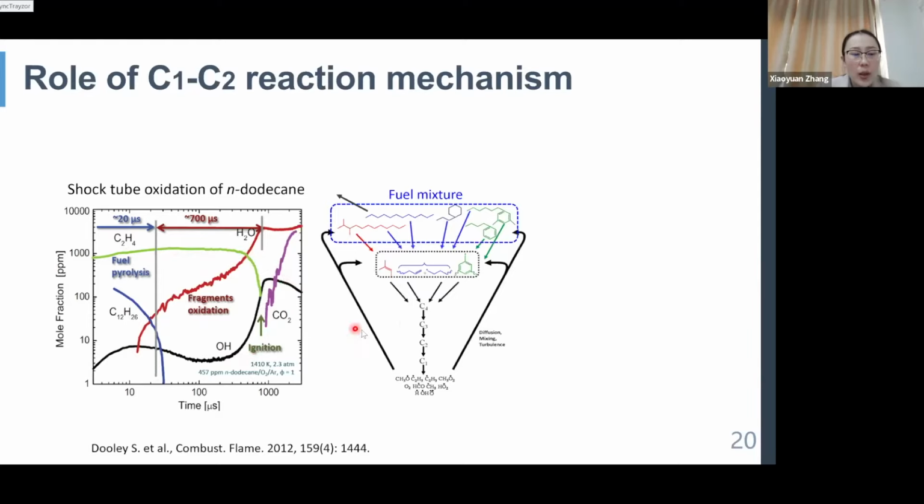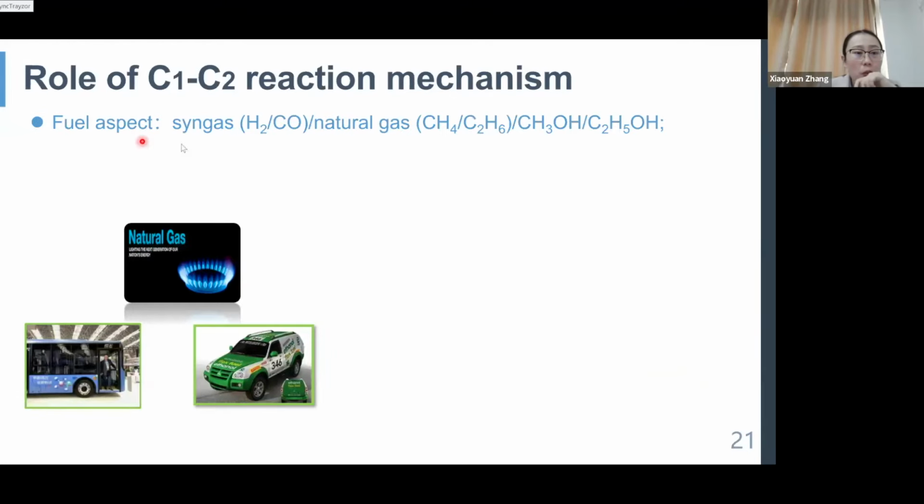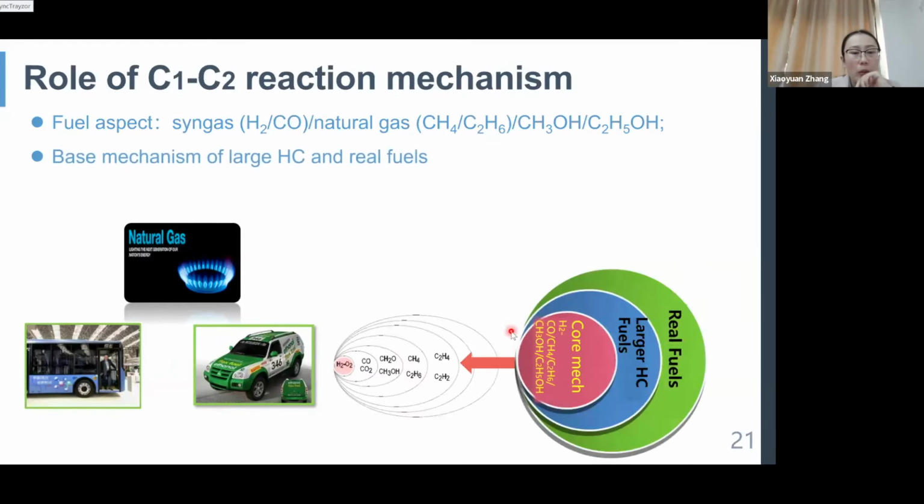So these small species play an important role in determining critical combustion parameters such as ignition and so on. Besides, from a fuel aspect, syngas, natural gas, and small alcohols all belong to the C1 to C2 reaction mechanism, and they are also the base mechanism for large and real fuel development.